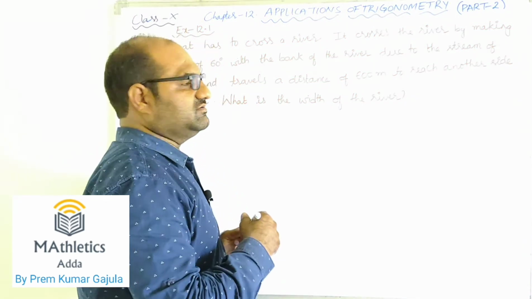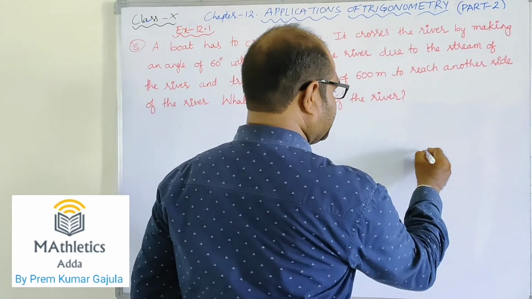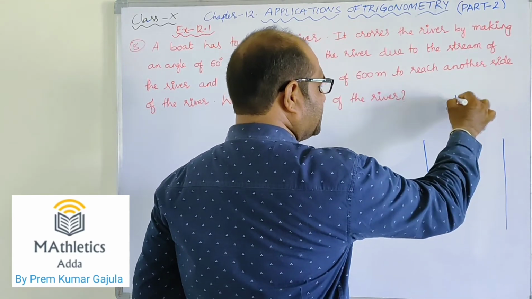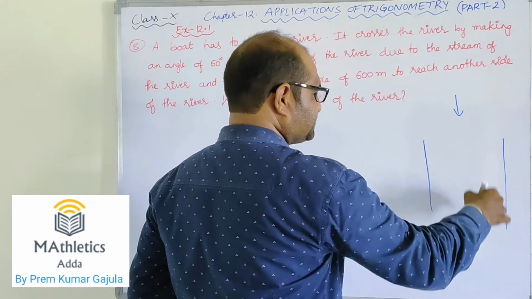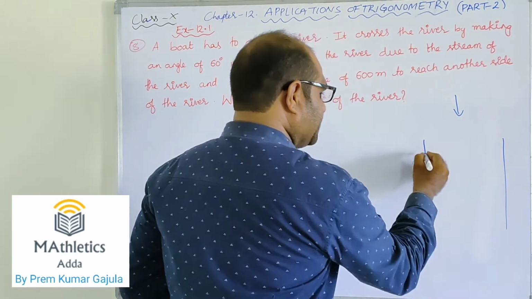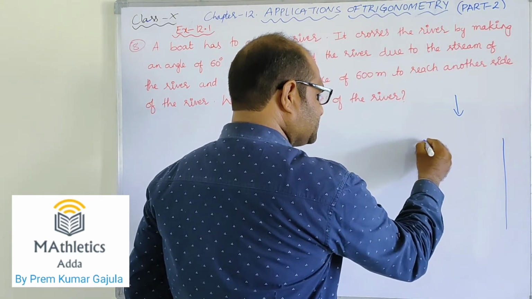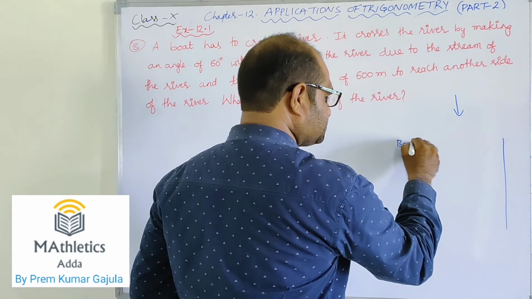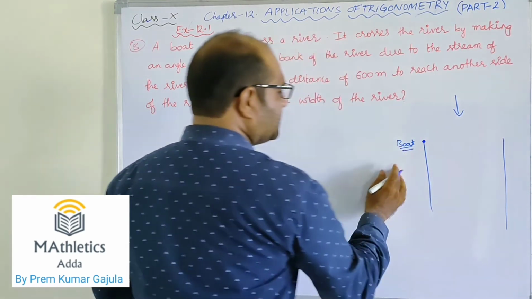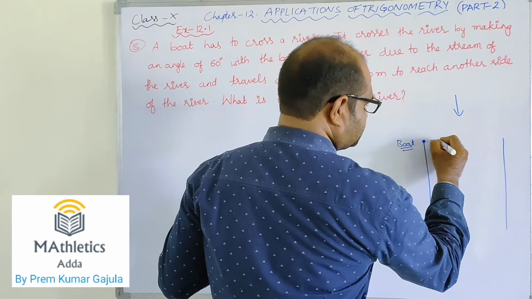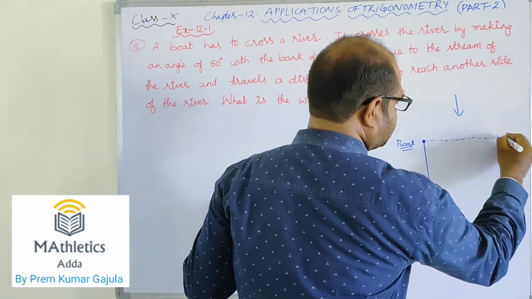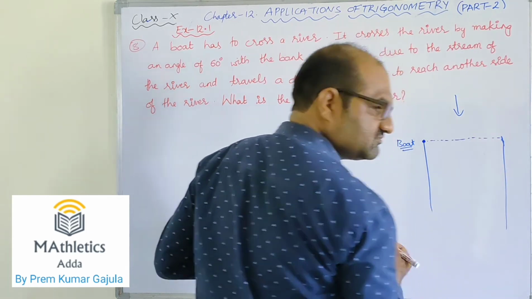Okay, so now let us see. For example, this is the river. Let us suppose that the water flow is in this direction, and the boat is starting here first, and it has to reach the other bank of the river.